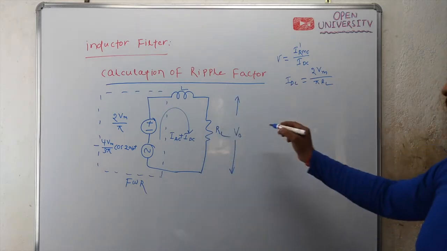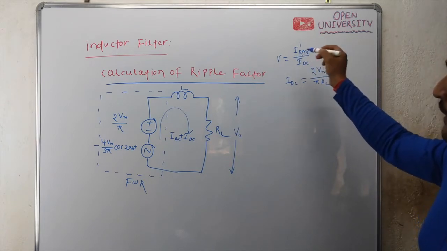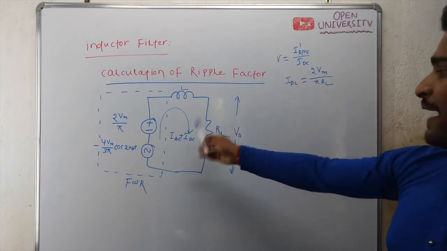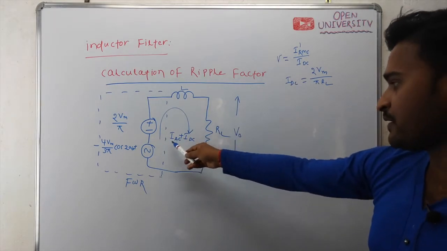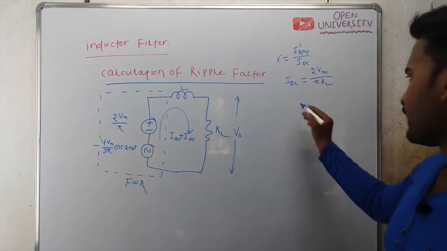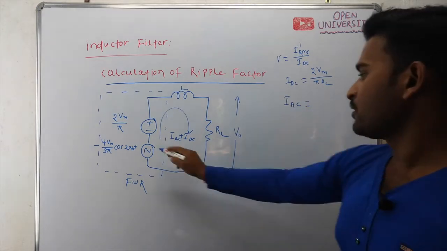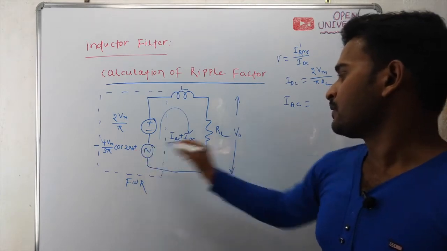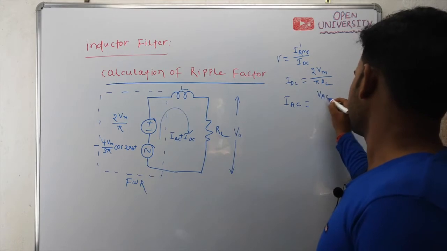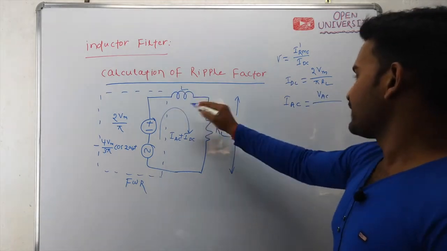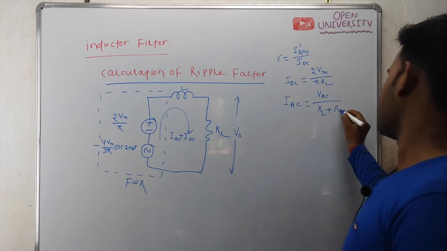And in order to get I'RMS, let us first calculate IAC, the AC component through the load. IAC will be VAC by the impedance, XL plus RL.